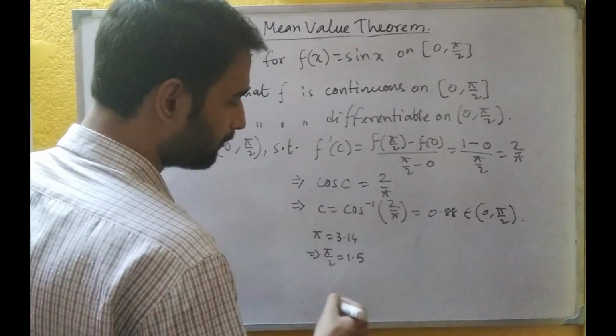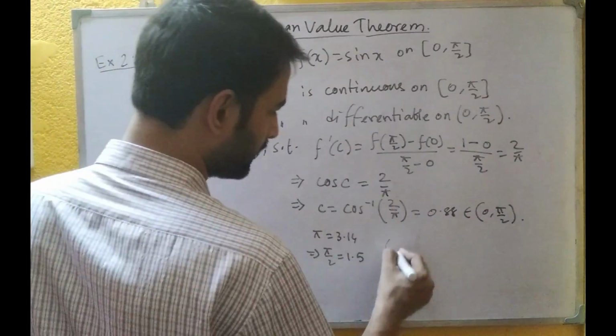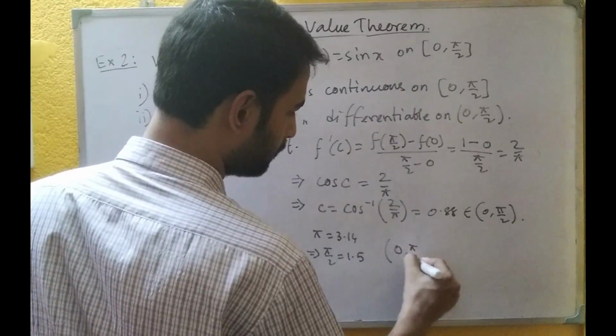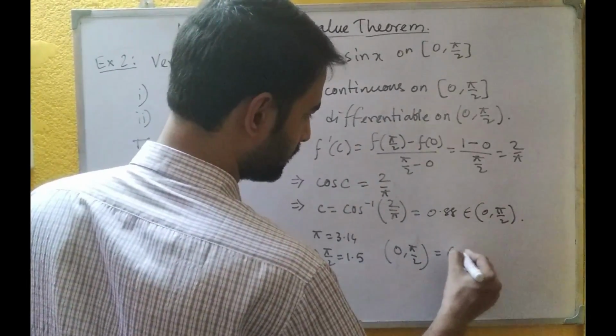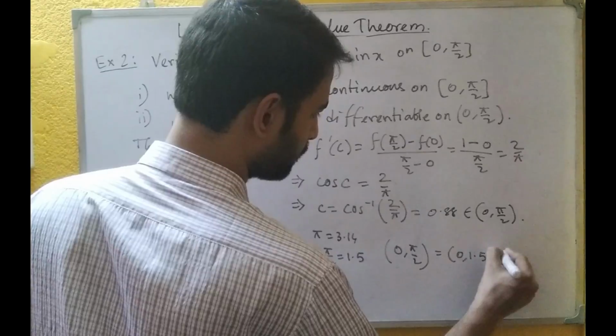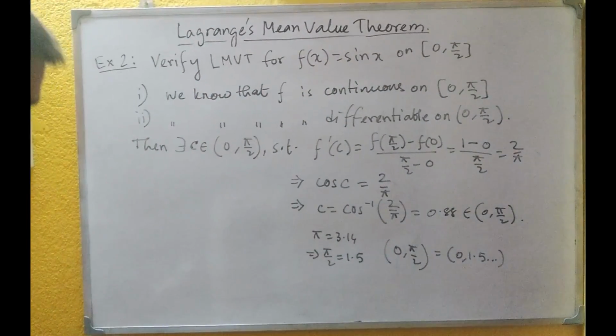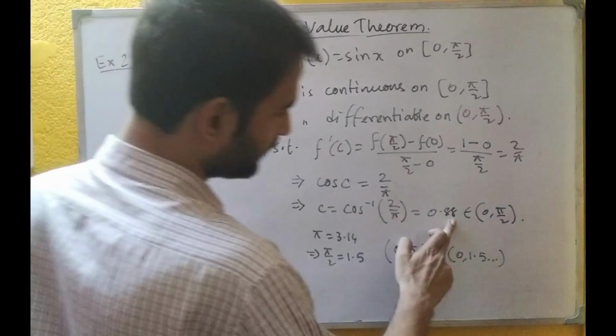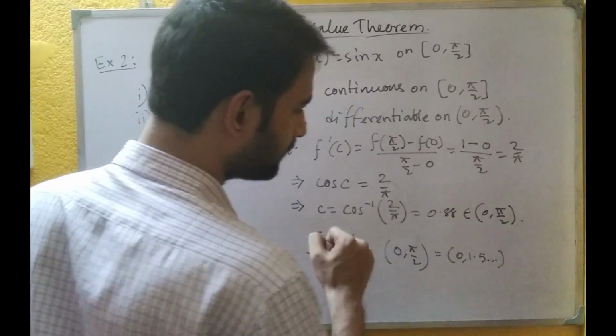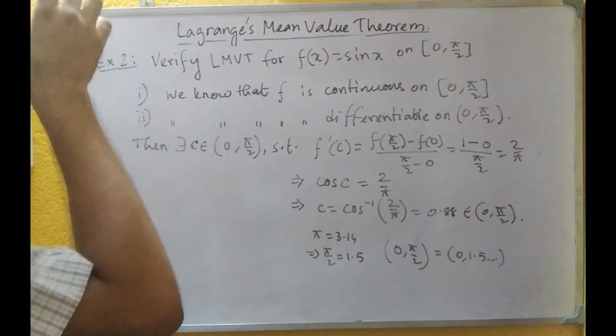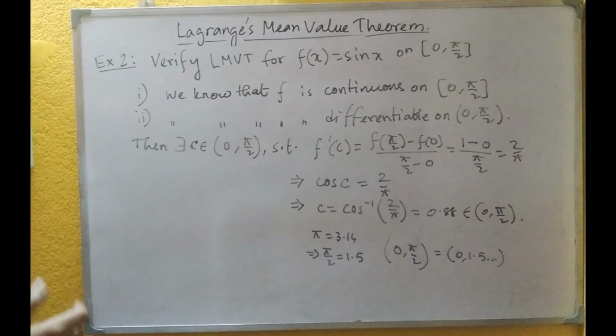So the interval is something like 0 to 1.5, and we can clearly see that 0.88 is in the interval. So it is also satisfying the conclusion of Lagrange's mean value theorem.